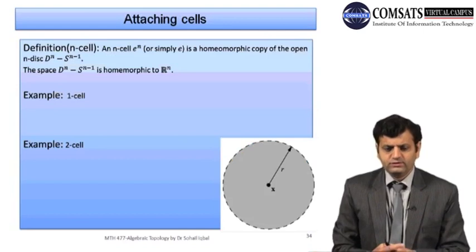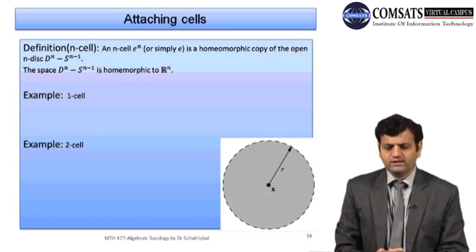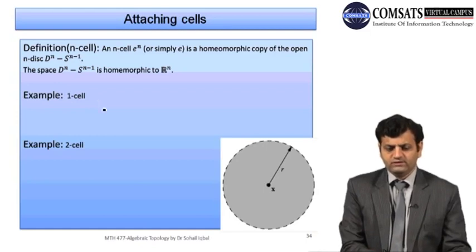Now we need to recall the definition of an n-cell. We have already seen what a 1-cell is, what a 2-cell is, and what a 3-cell is. So in general an n-cell is basically a homeomorphic copy of the open disk. Take D^n and take out this S^(n-1), which is the boundary of the disk. So what is going to be a 1-cell?